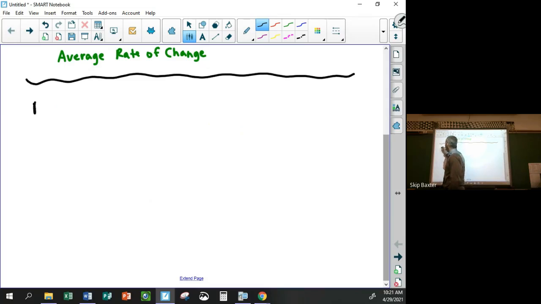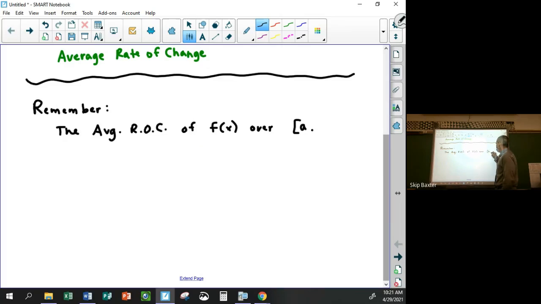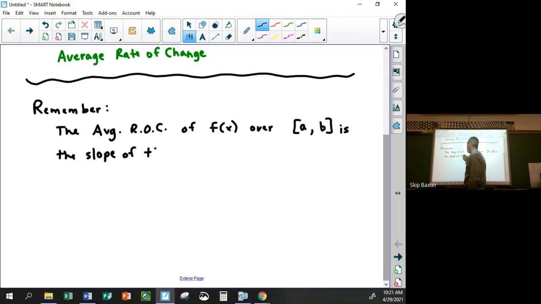So remember, the average rate of change of f of x over the interval from a to b is the slope of the secant line, which is simply the line segment that connects two points on the graph.